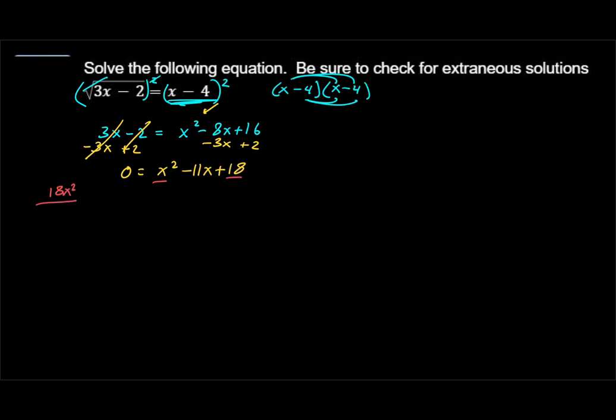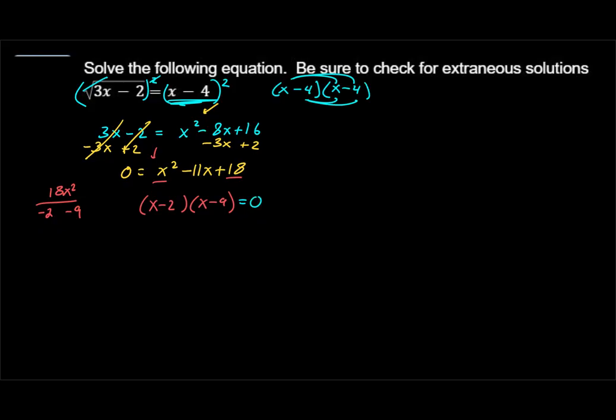The combination that multiplies to be 18 but adds to be negative 11, I believe is going to be negative 2 and negative 9. Since there's no leading coefficient, I can jump straight to the factors of x minus 2 and x minus 9. Now, this is still set equal to 0.